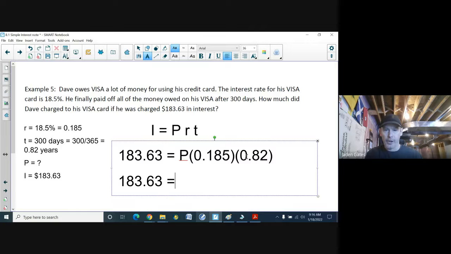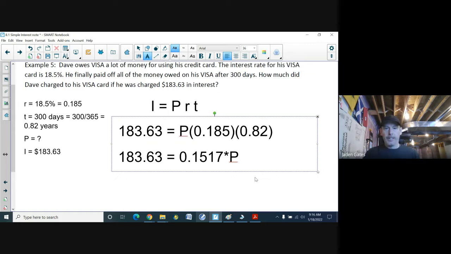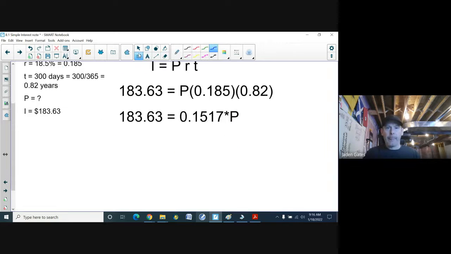I take my 0.185 times 0.82, and I end up with, keeping all the decimals here, 0.1517, multiplied by P. And then finally, if I want to get the principal by itself, which I do, I'm going to divide both sides by 0.1517. I guess I could have just done 0.15, but let's go with accuracy here. We're dealing with money.